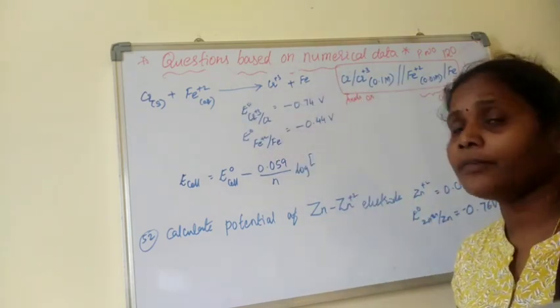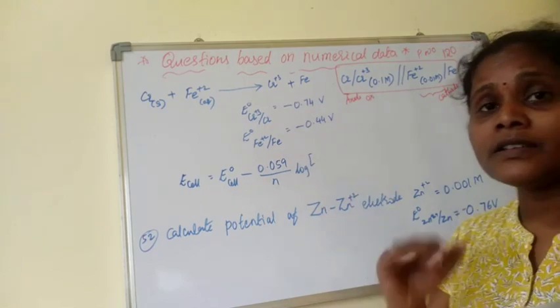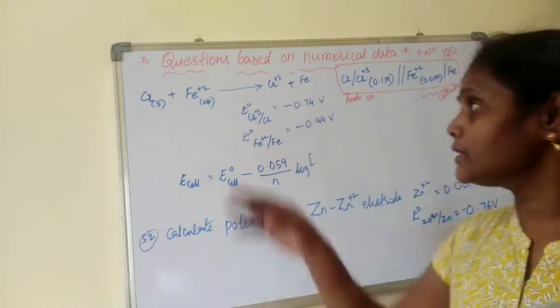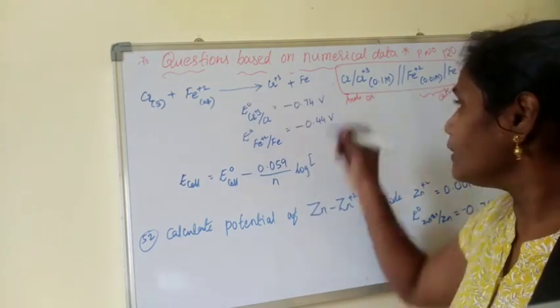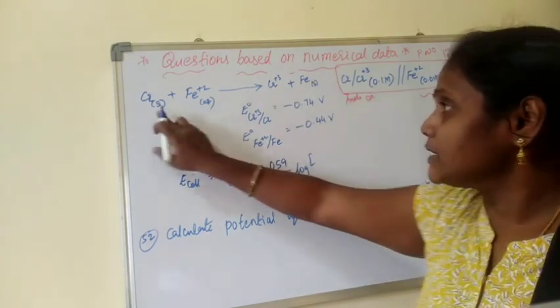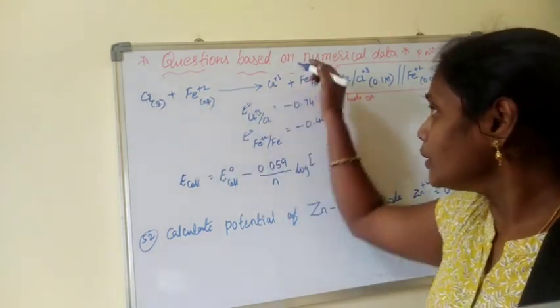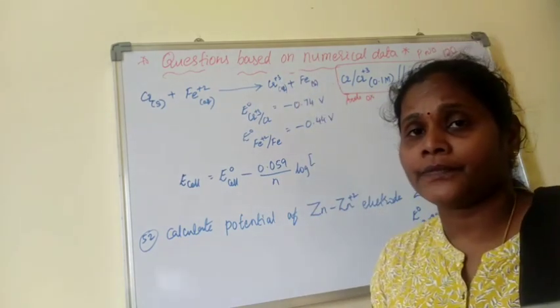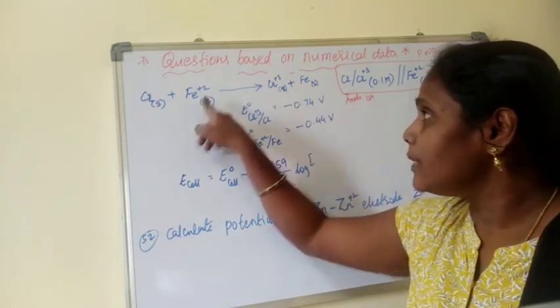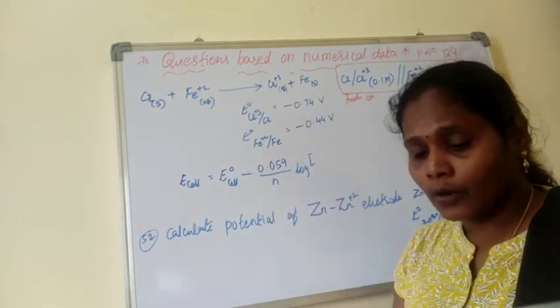But this is not enough because I need to balance the number of moles. Iron takes 2 electrons to convert into iron solid, whereas my chromium is converting into chromium plus 3, leaving 3 electrons. So giving 3 electrons but accepting only 2, therefore not balanced.